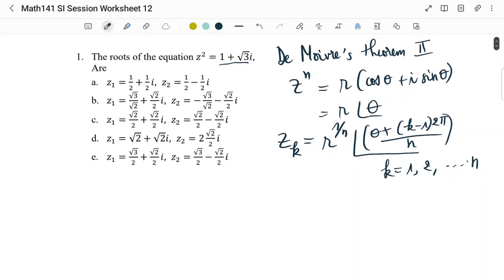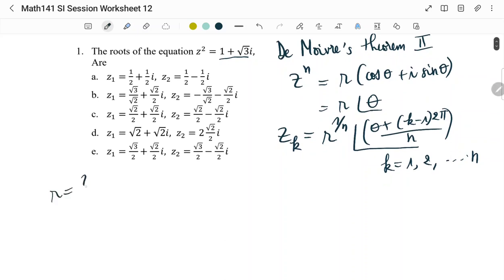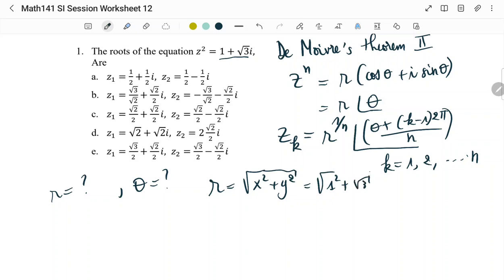So first we need to find what is r and what is theta. So we know that r is just equal to the square root of x squared plus y squared, right? And from our problem, x is equal to 1, so that's just 1 squared, and y is equal to root 3, which is just root 3 squared.